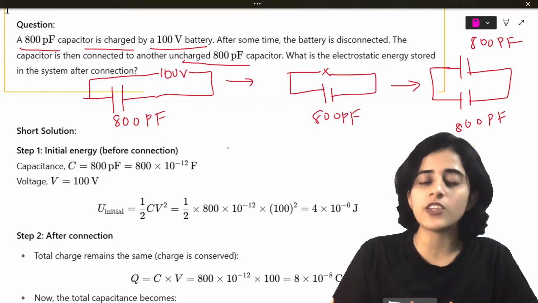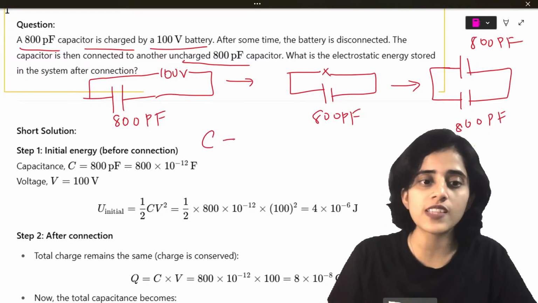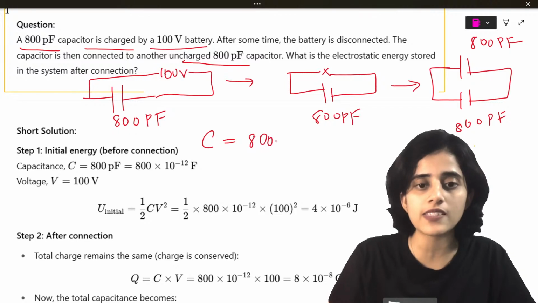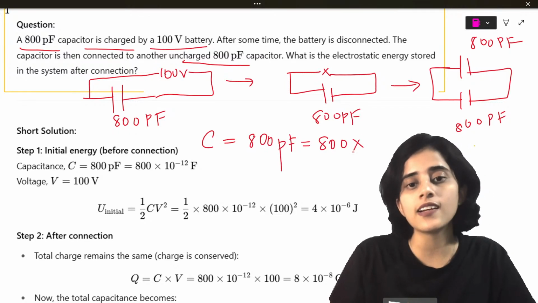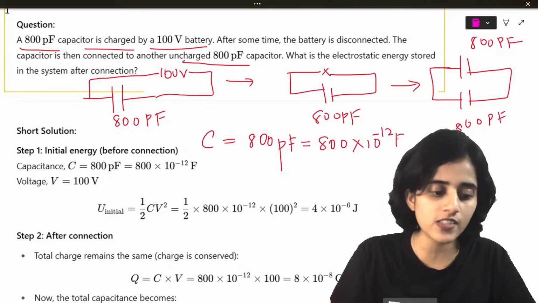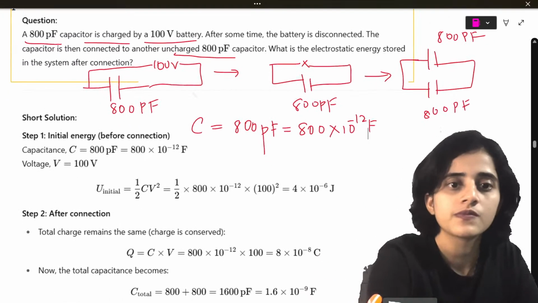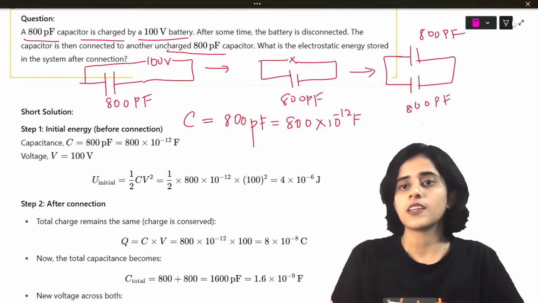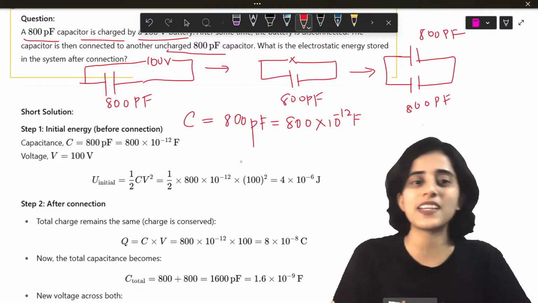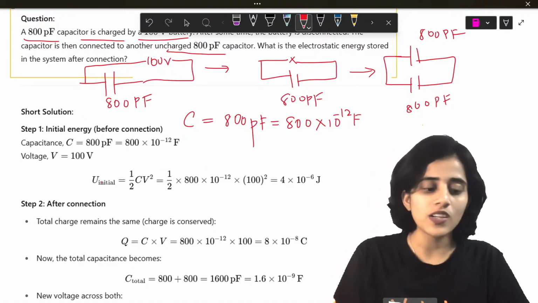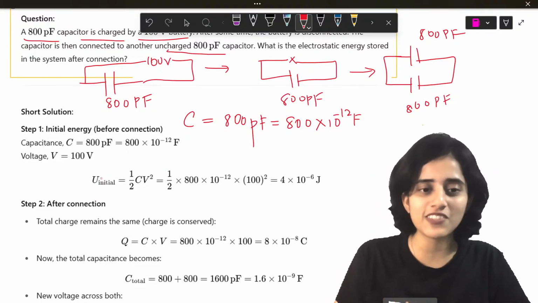Yes. So what all things are given to you? First thing, capacitance is given to you. Capacitance is 800 picofarad, which is 800 into 10 raised to minus 12 farad. Now, voltage is also given.